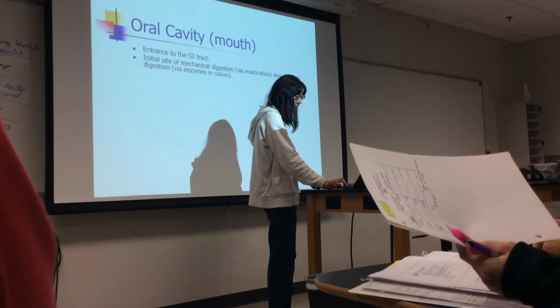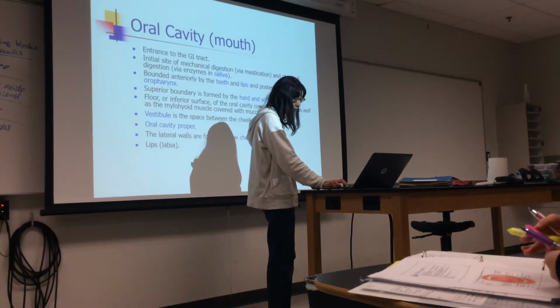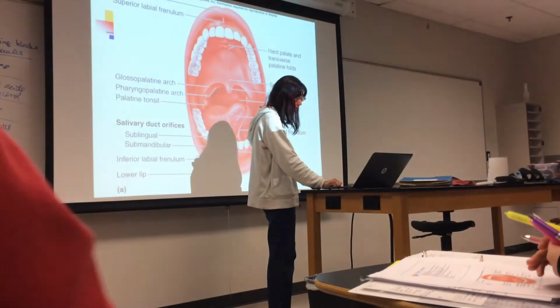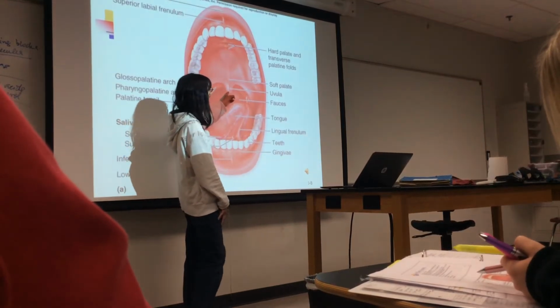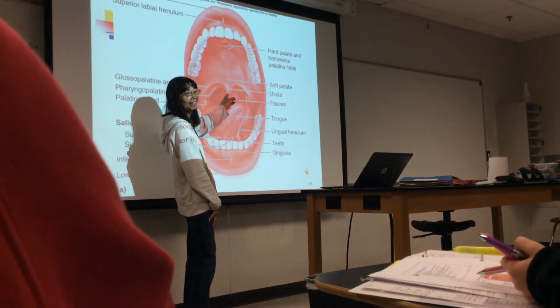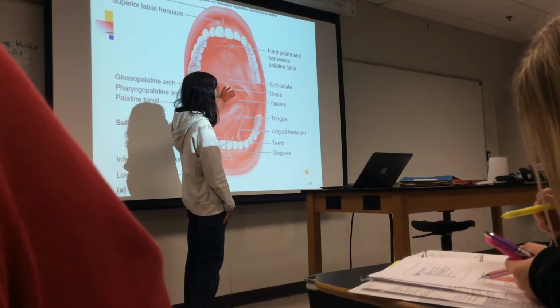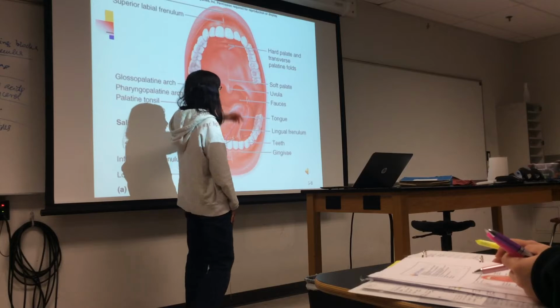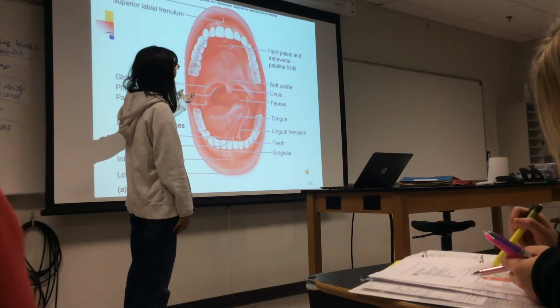So let's go quickly through the mouth. I'm going to go to a picture. Here we go. Everyone wonder what that thing is called? What's that thing in the back of your throat hanging down? Uvula. And it does vibrate when you say it. Hard palate, soft palate.